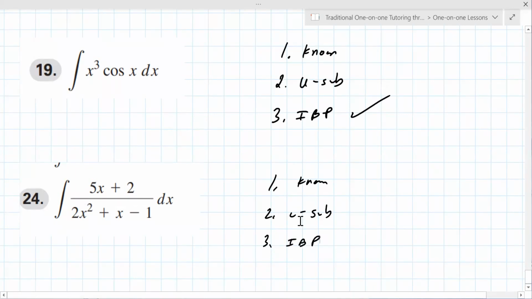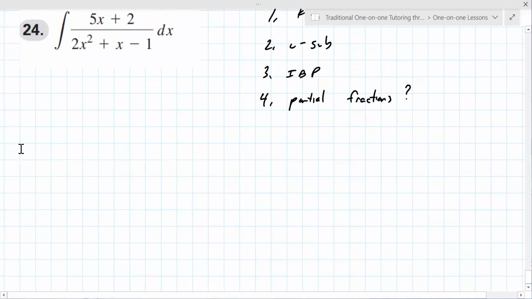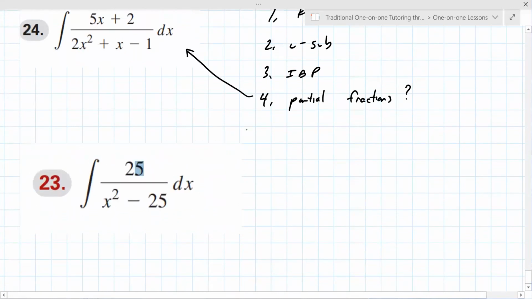What do you think here? Or maybe it's something we haven't covered yet. So do you remember partial fractions? No. Okay. This is a partial fractions problem. I was trying to see if you'd say, hey, we learned that already. This is another partial fractions problem. We should probably pick up here when we start back.